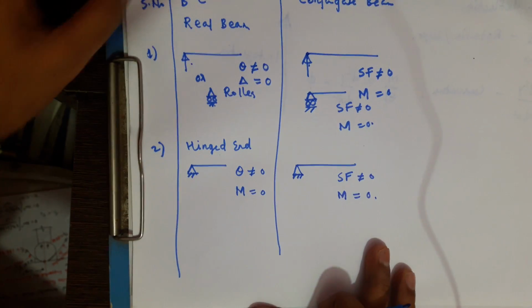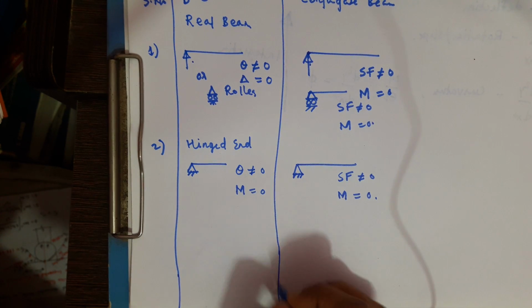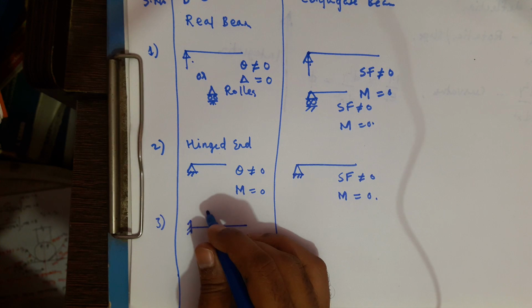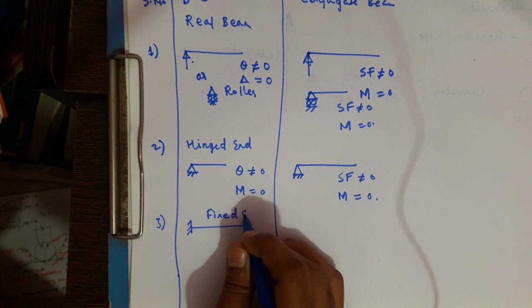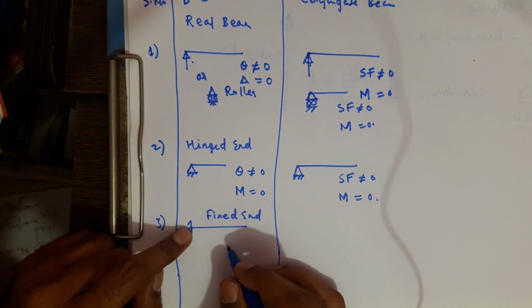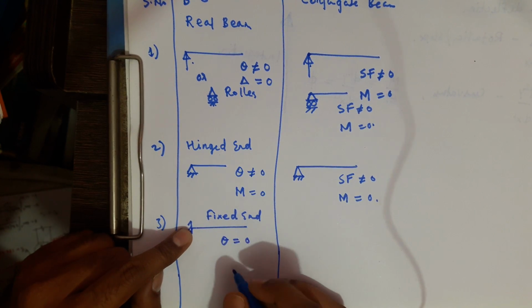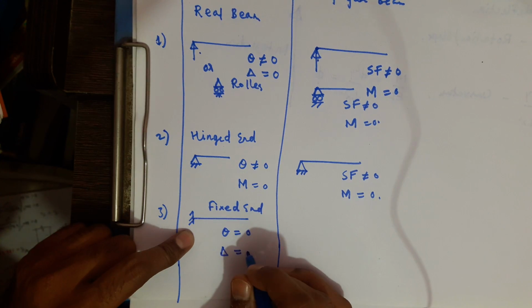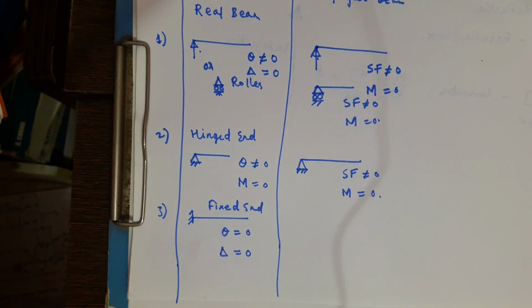Then we have a fixed end. At a fixed end, theta is equal to 0 and delta is also equal to 0.